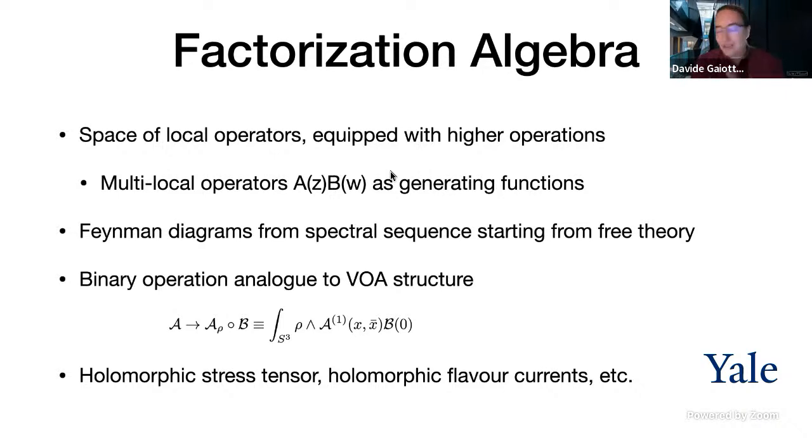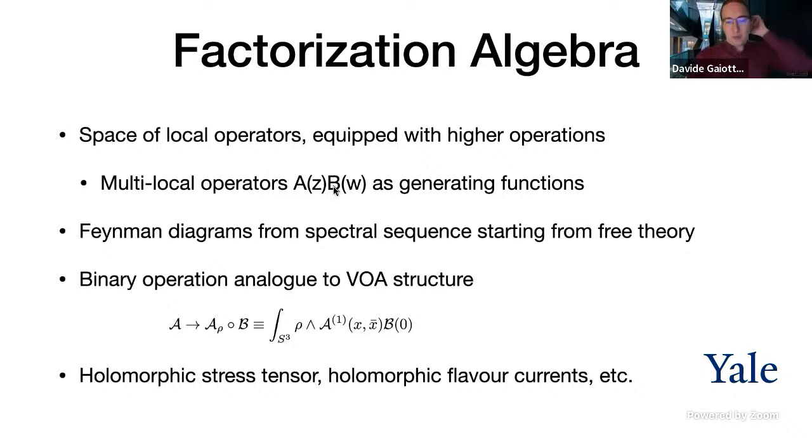So you have these local operators, holomorphic derivatives of the fields, and so you have a lot of possible local operators you can write down because you can write polynomials of the derivatives. A good way to keep track of them is to use generating functions. So if I look at something of the form A of Z, B of W, and I expand it at Z, local operators are a good way to keep track of all the derivatives.